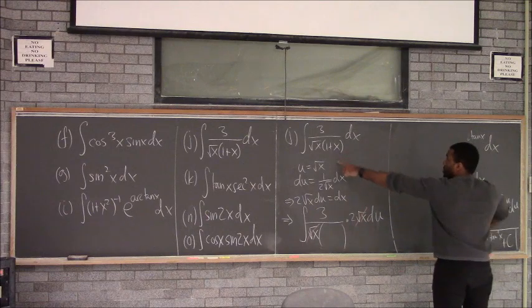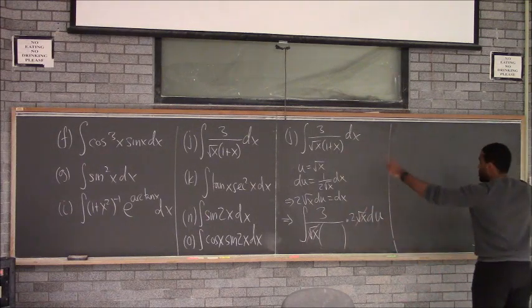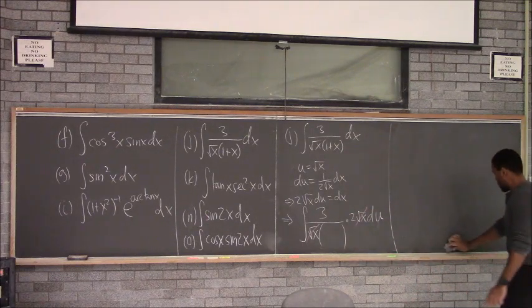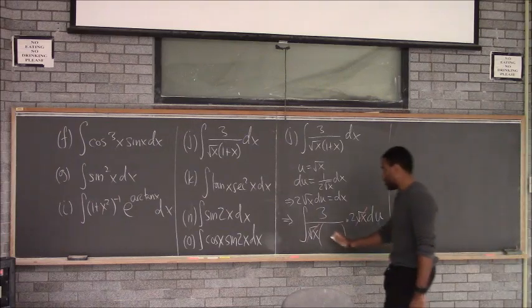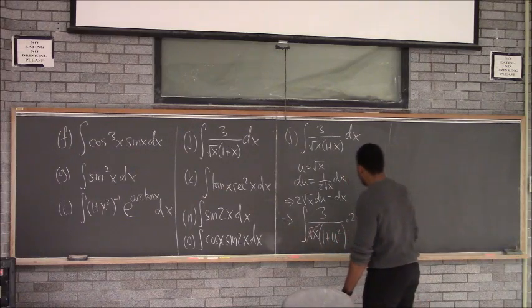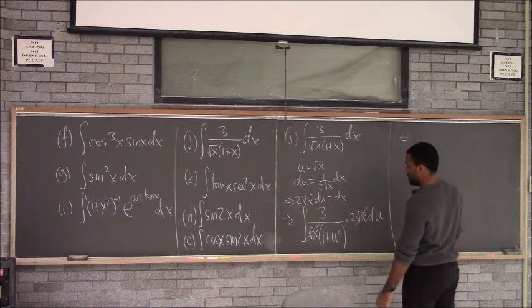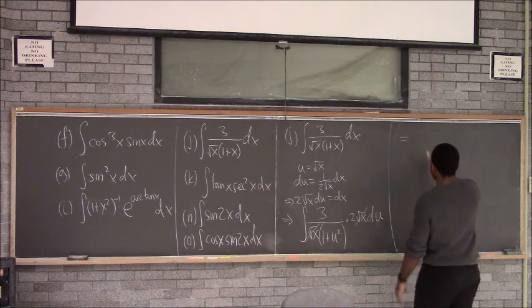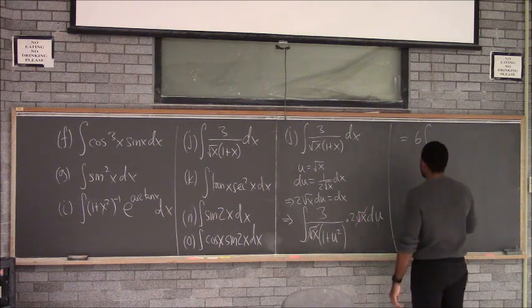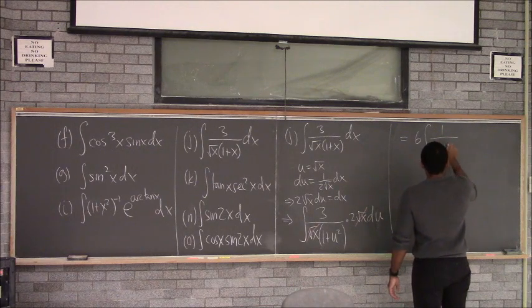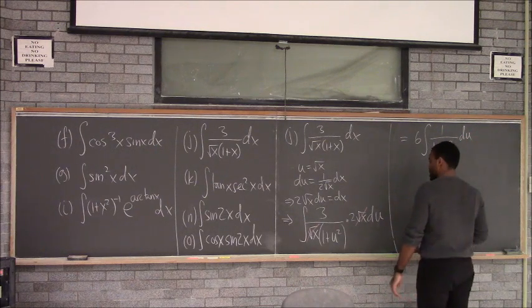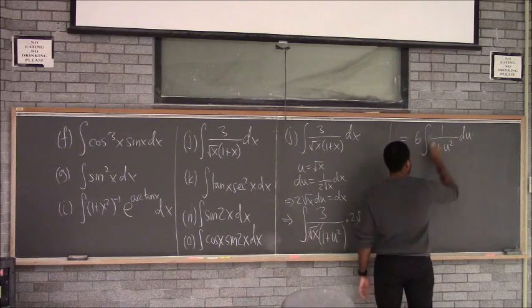Now, what would 1 plus x be with this substitution? 1 plus u squared. So notice this, the 3 times the 2, I can factor that out. That's 6 times that guy. And what's this guy? Antiderivative of that. Arctangent.